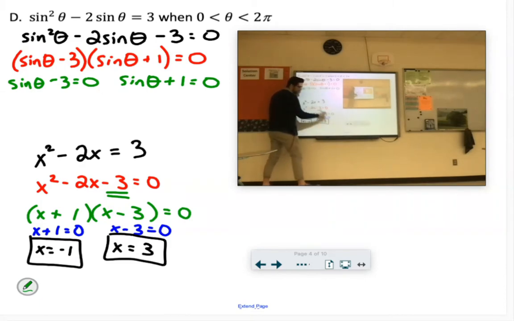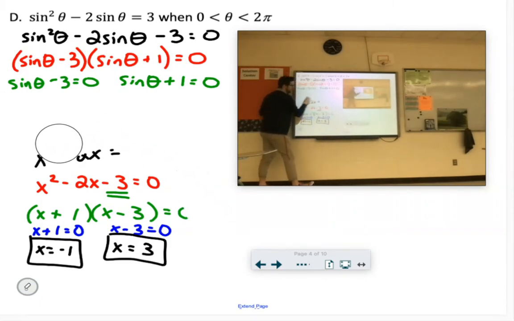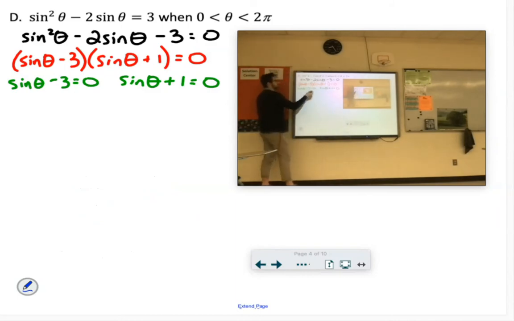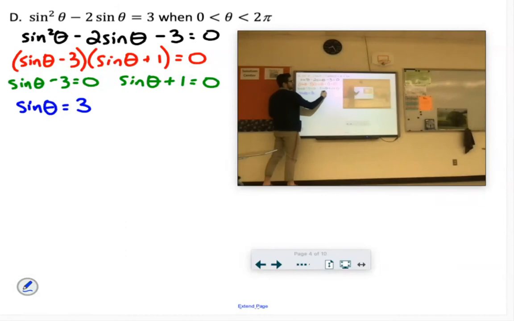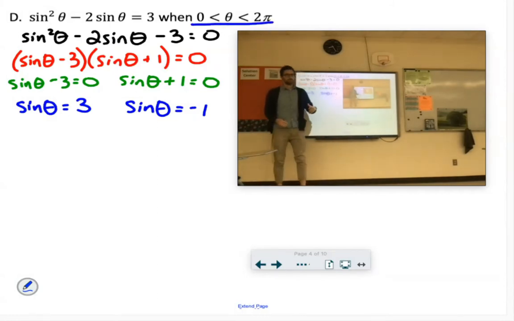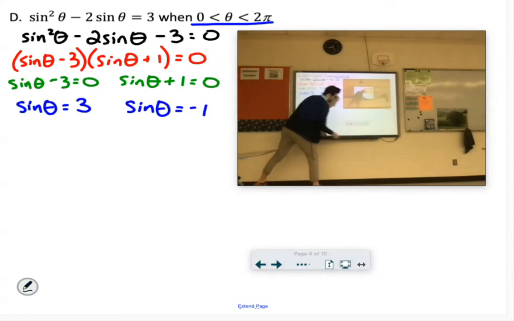Now I'm going to erase this other stuff just so I have the space. All right, so here we would add the 3. Sine of theta equals 3. Here we would subtract the 1. Sine of theta equals negative 1. Now, if you look, they gave us the limitations from 0 to 2 pi. So it's in radians. Think of our unit circle.